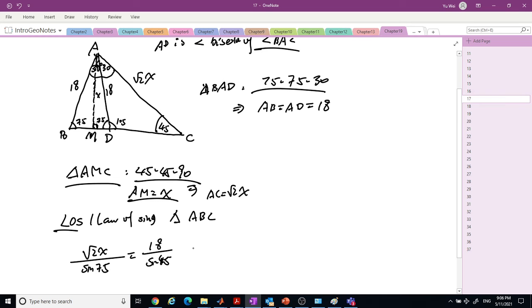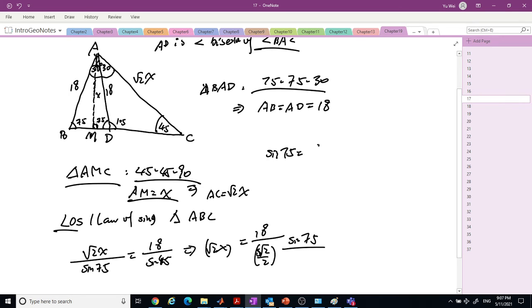Then root 2x is equal to 18 times root 2 over 2, then sine 75, right? The sine 75 is pretty simple.